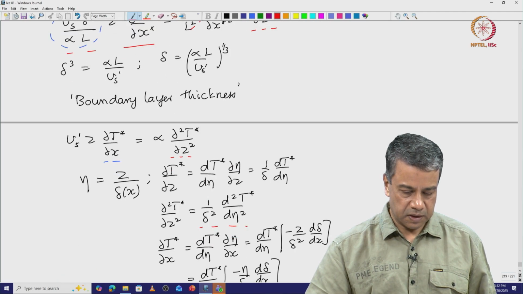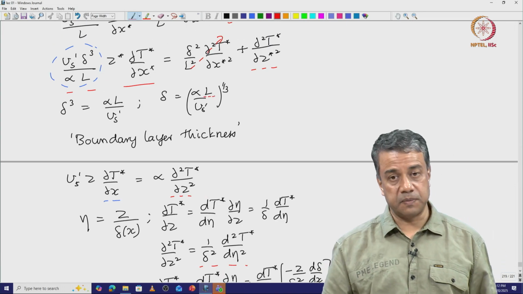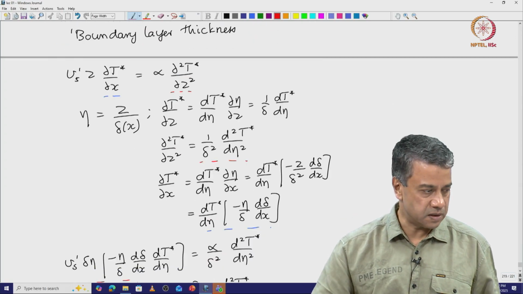Note that a similar calculation gave us boundary layer thickness increasing as L power 1/3 for the total length L. So, you are getting the same result from both the calculations.